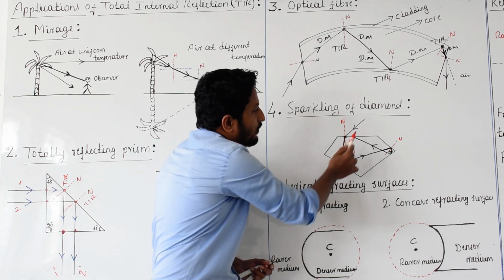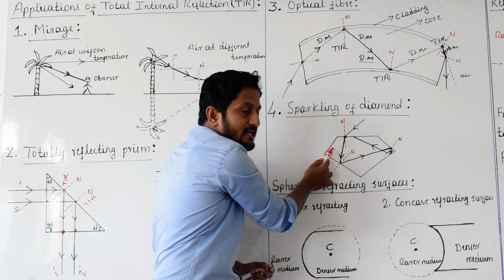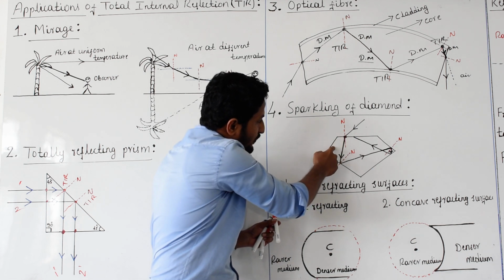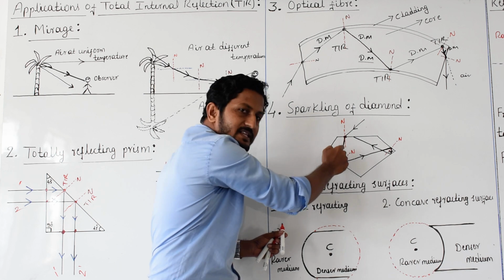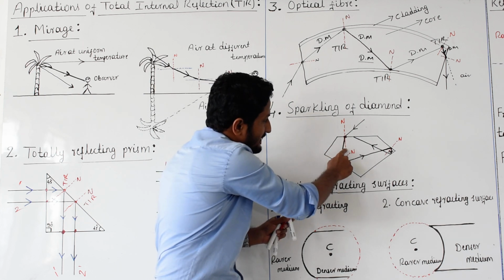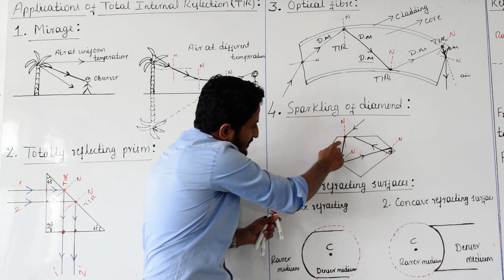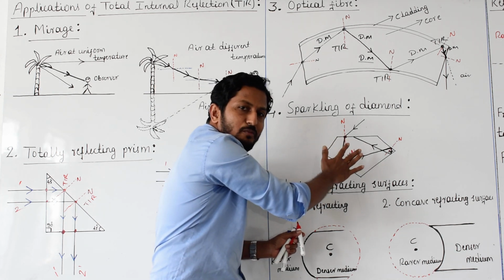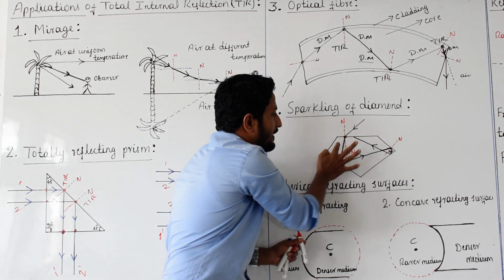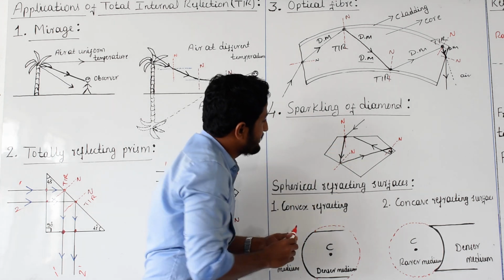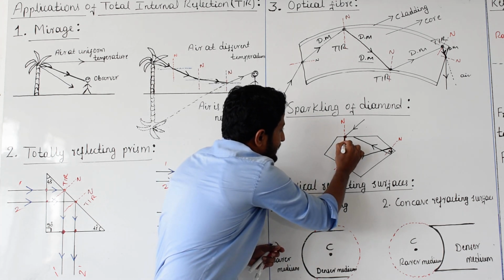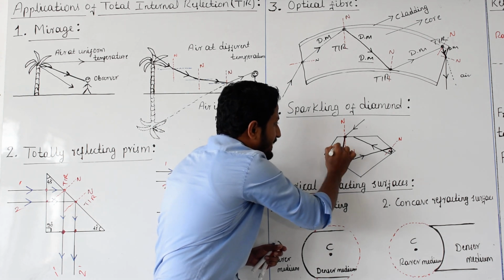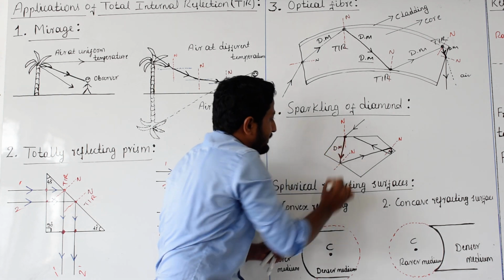Moving from rarer to denser, that's why it bent. Instead of moving straight, it bent towards the normal. Now this light ray is coming through which medium? It is coming through the denser medium.